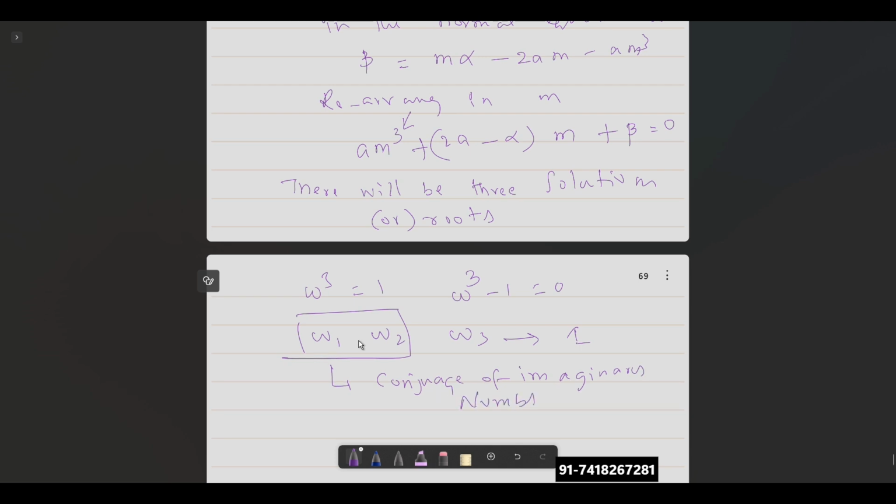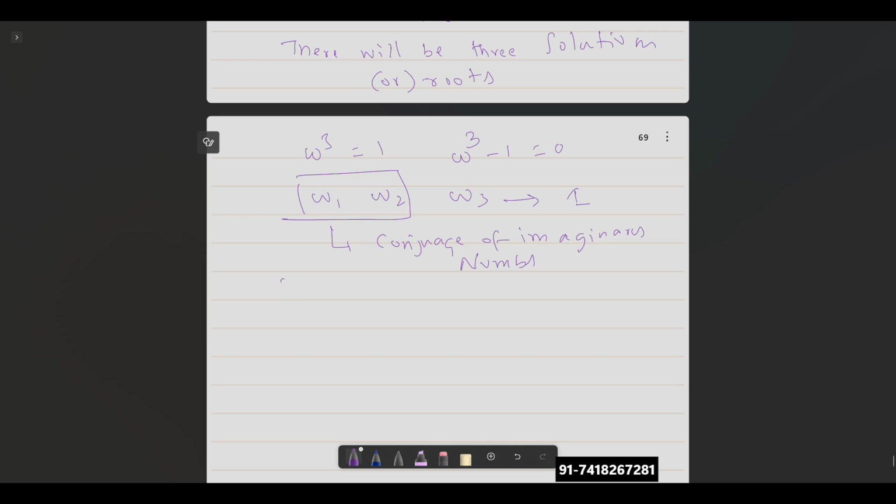That means you can get 3 solutions, but you will have only one real solution. As per the equation you will get 3 normals, but you will have only one real normal.